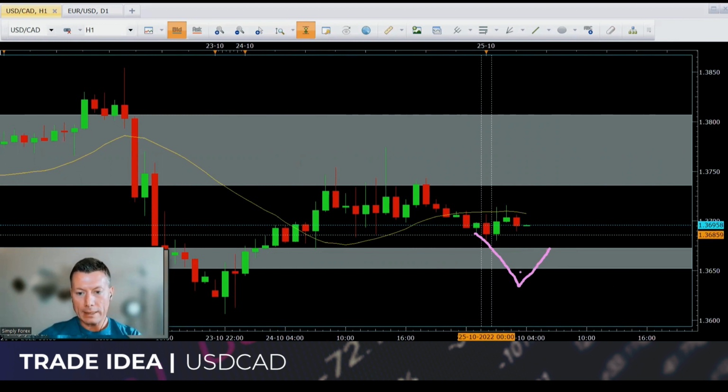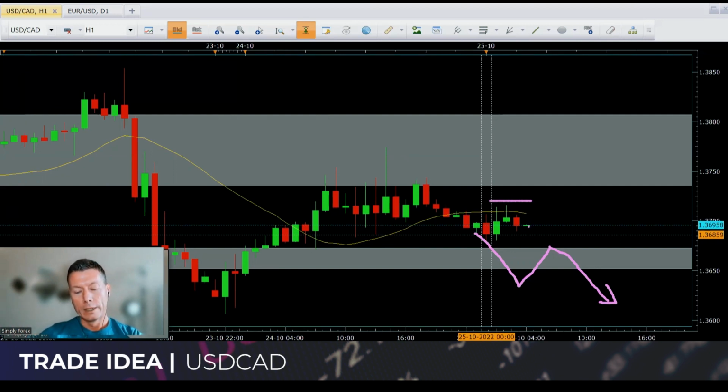If we get a breakdown of H1 structure coming below this grey zone, just follow the H1 structure down. You can find a good entry where you can hide behind the last swing high on the H1. If you follow that structure, it tells you where to put your stop above the last H1 swing high, because it's a logical place to put your stop. If price breaks that stop, then H1 structure has broken.